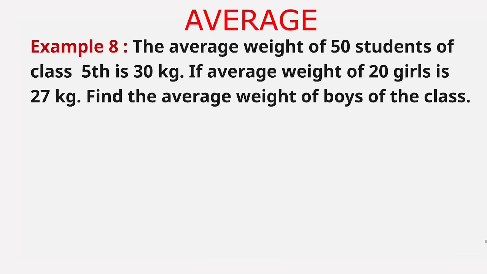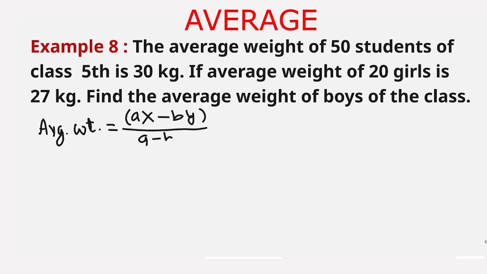We will use the formula: average weight equals AX minus BY upon A minus B. This is equal to A, the total number of students, which is 50, multiplied by their average, 30, minus the number of girls, which is 20, and their average weight is 27.